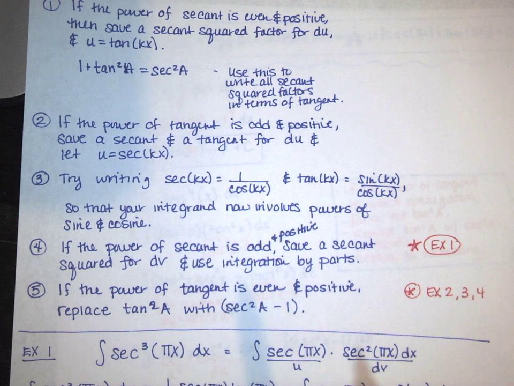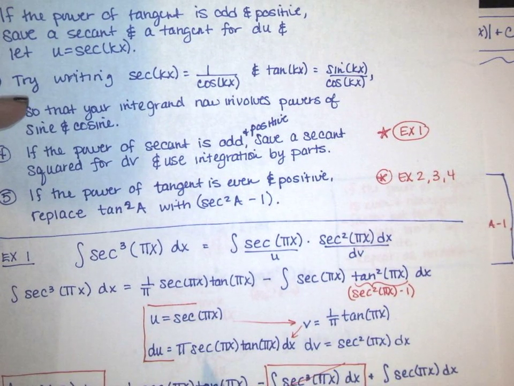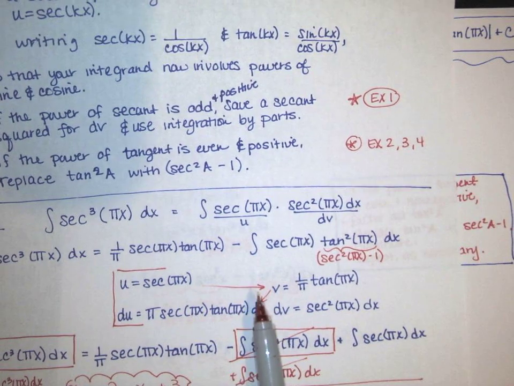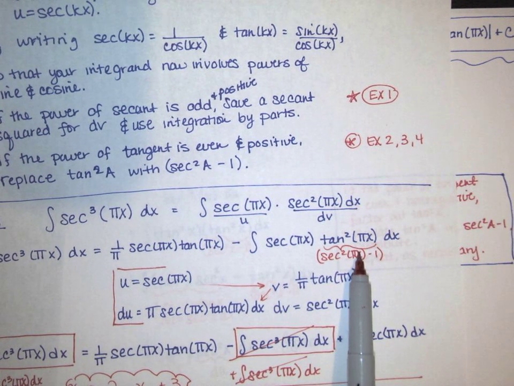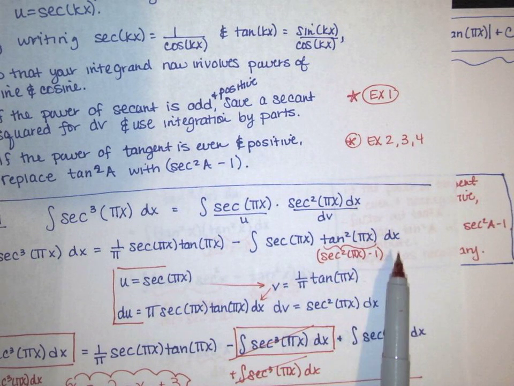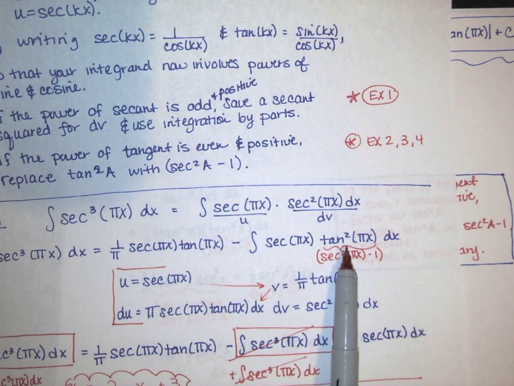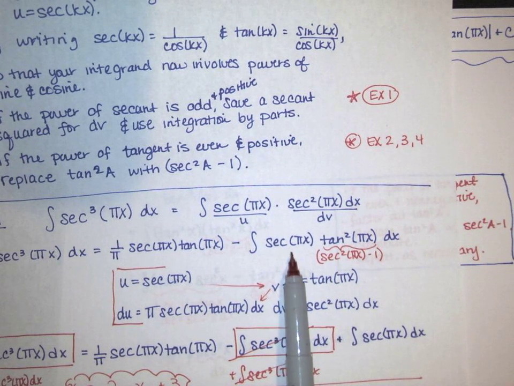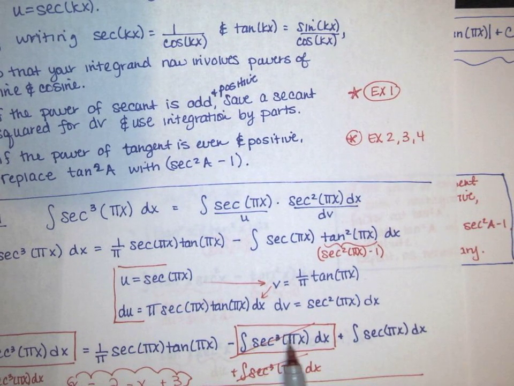But there are cases, sort of mixed cases, when this would work, but maybe it's not obvious. So if I've got a secant times tangent squared, replacing the tangent squared with secant squared minus 1 would lead us to this place where we have the secant cubed.